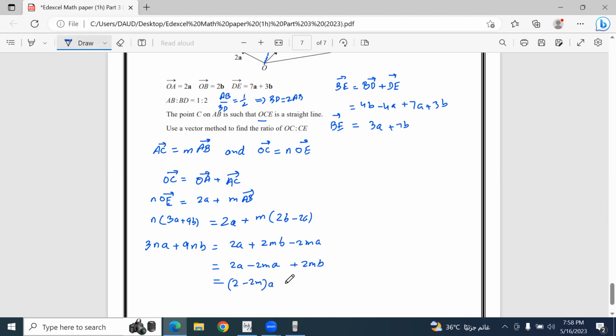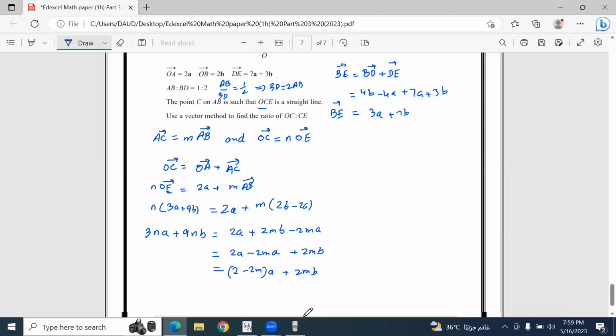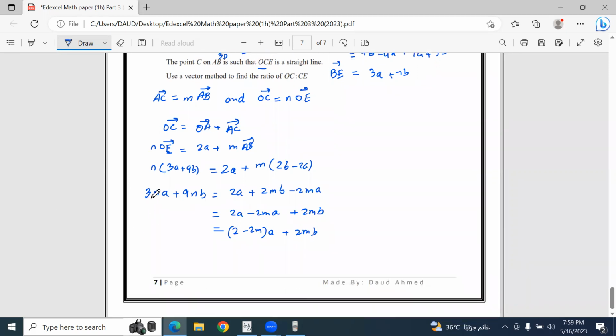Why am I taking A common? I will compare with the left hand side value of A. So here 2MB. If you check the left hand side carefully, the coefficient of A is 3N, which means 3N is equal to 2 minus 2M, and the coefficient of B is 9N, which is equal to M. From here we can say that N is M over 9.